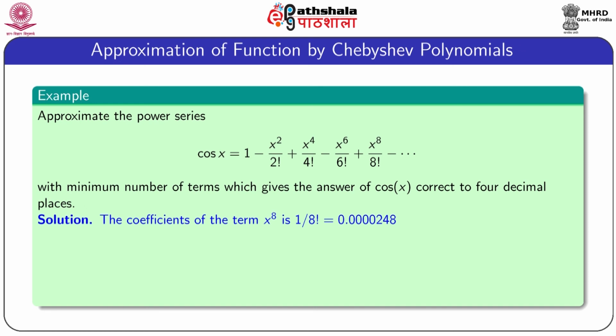Note that the coefficient of the term x to the power 8 is 1 by factorial 8, which is equal to 0.0000248, and it is affected in the 5th decimal place only, because the first 4 digits are zeros. Therefore, there is no effect in the first 4 decimal places in the calculations.